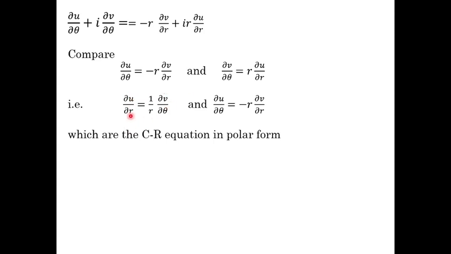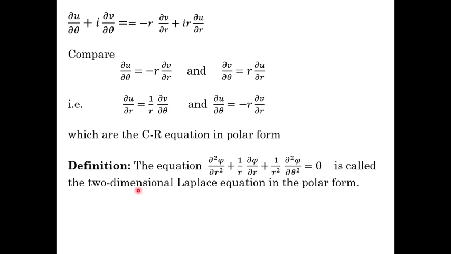So first we write dou u by dou r is equal to 1 by r into dou v by dou theta, and dou u by dou theta can be written as minus r into dou v by dou r. These are the CR equations in polar form. It is very important, because the CR equations in Cartesian form and polar form can be used for the analytic function.